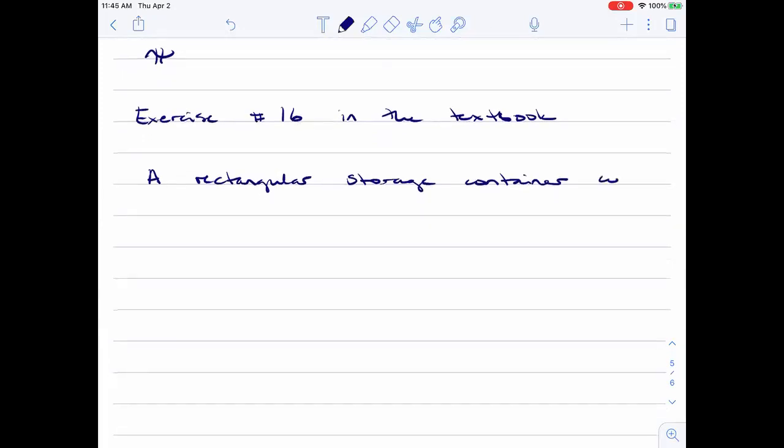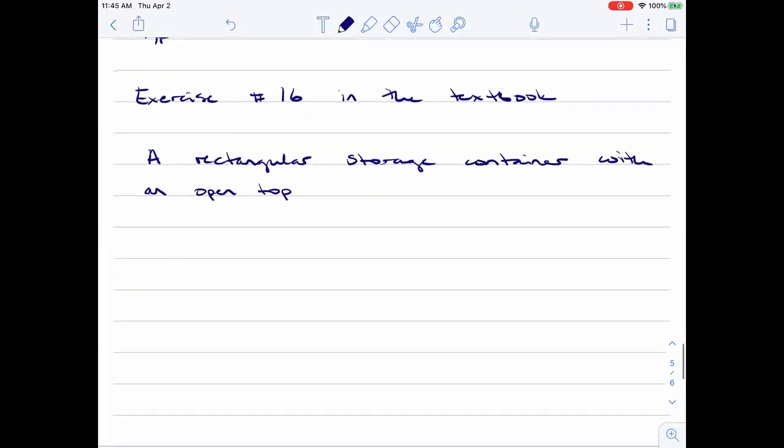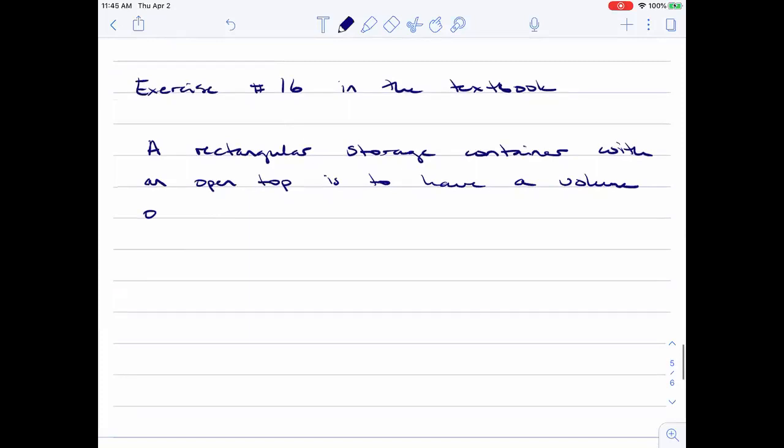So here's the question. A rectangular storage container with an open top is to have a volume of 10 meters cubed.